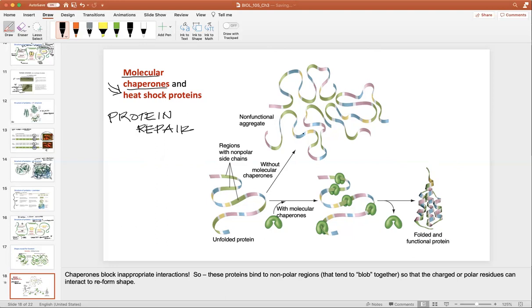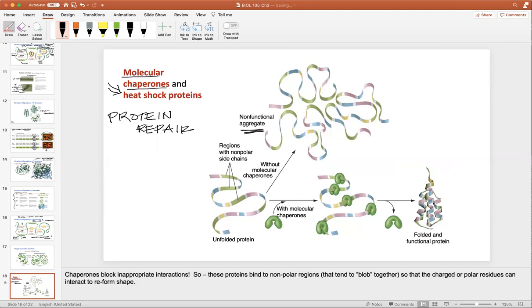So here you can see we have some unfolded proteins, and it says it's a non-functional aggregate. So let's just imagine a situation where you have gotten hot, almost like with the egg white example. You've gone from being a slimy sort of substance to the proteins unfolding and they're starting to link up. Well, before that happens, what will happen is your body will use these molecular chaperones or these heat shock proteins.